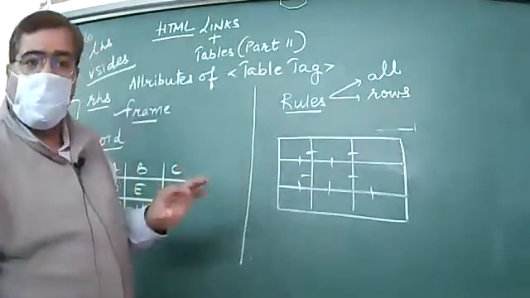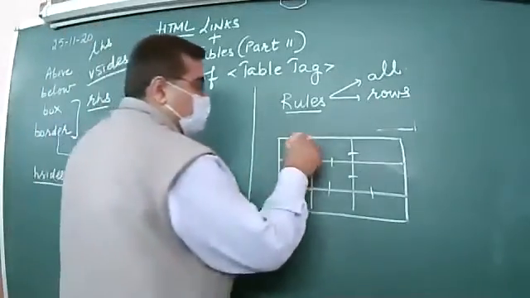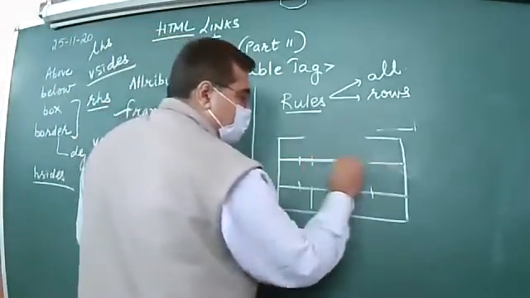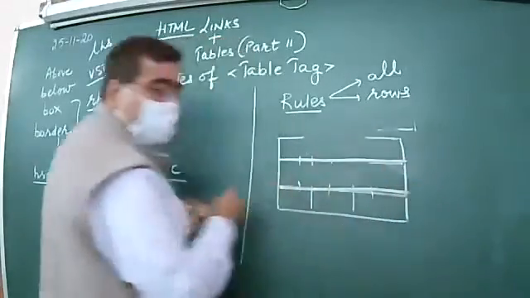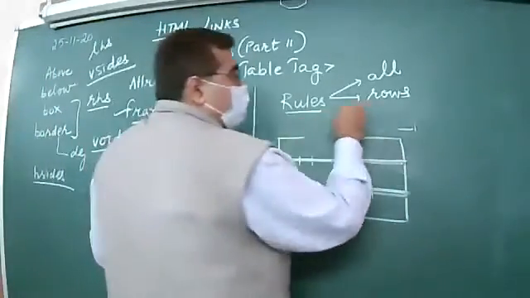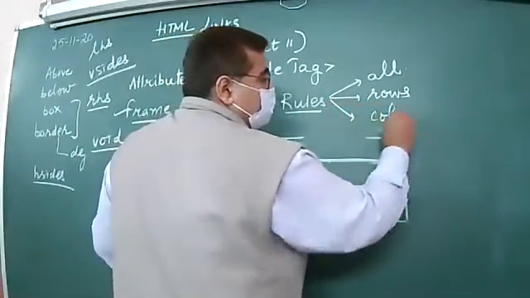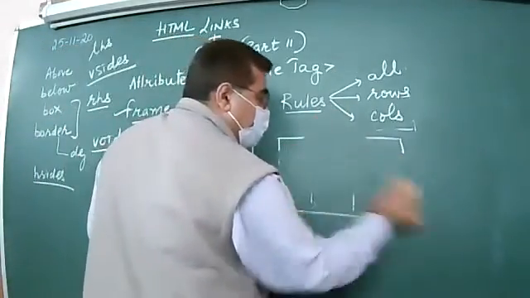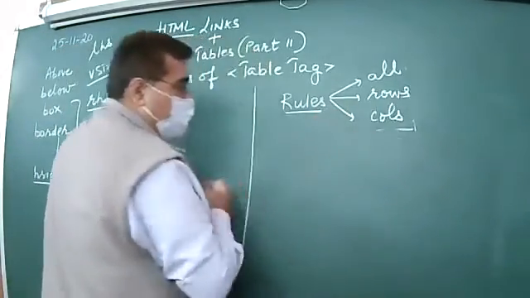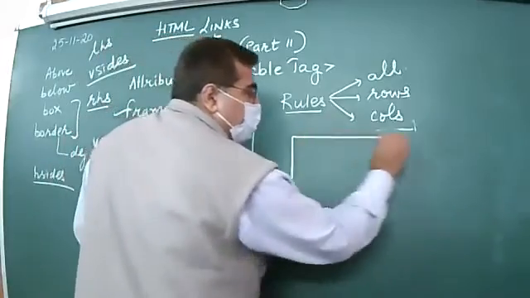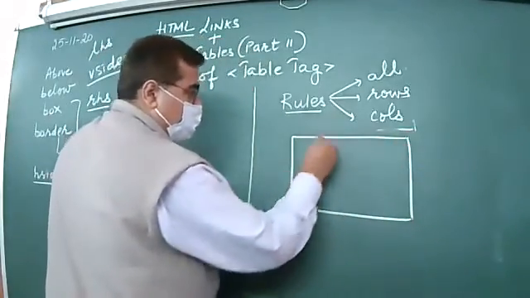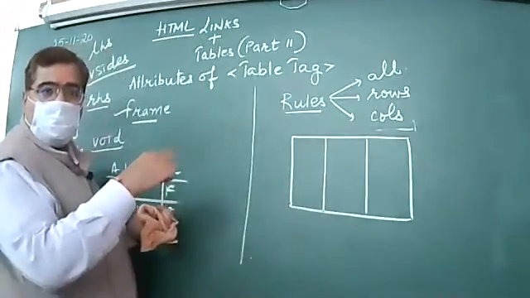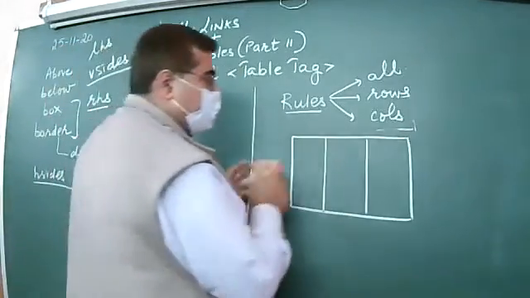Rows means the border is appearing within the rows. Right? Cols. Cols means columns. The border appearing between the columns. Right?